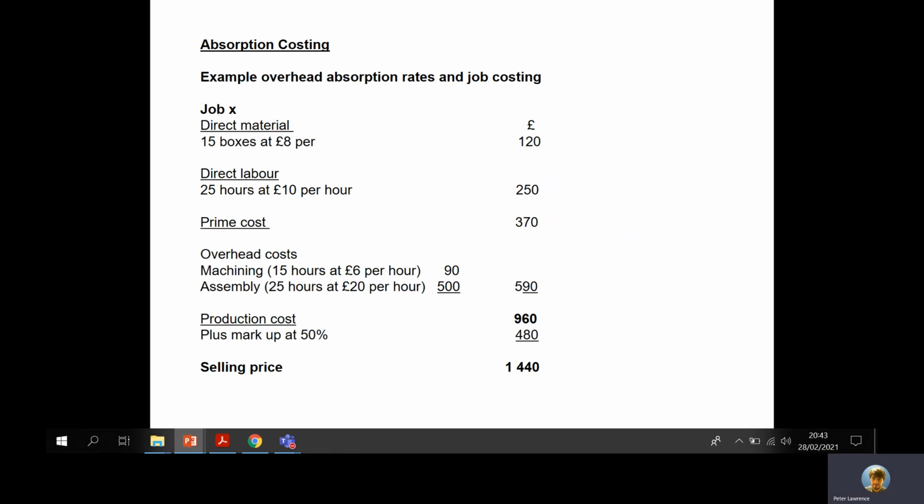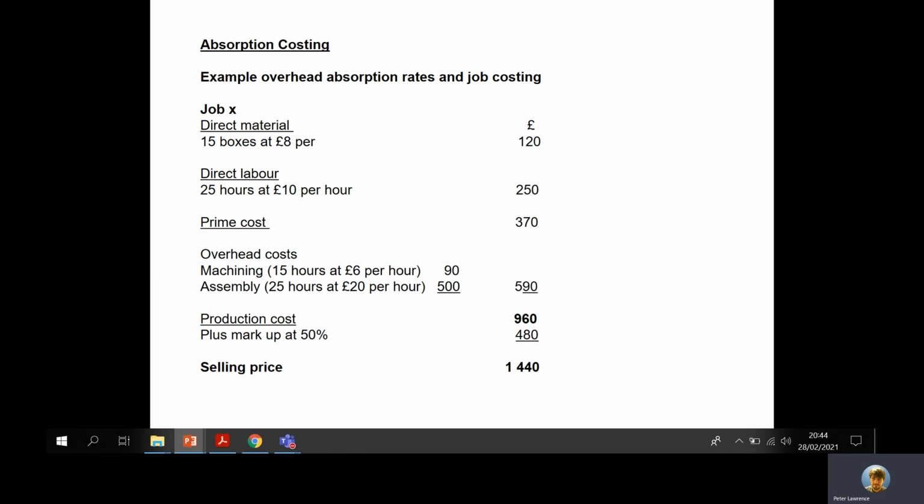So remember, the key to this is the difference between your variable costs and your overhead or fixed costs. Variable costs have got to be paid to your staff for the materials, and they will change every time you make one extra product.